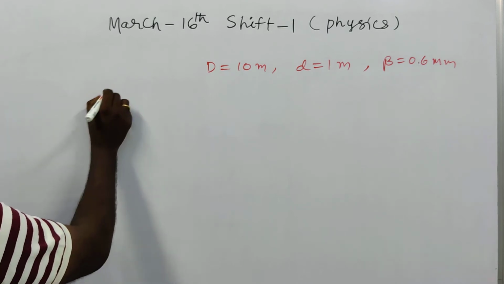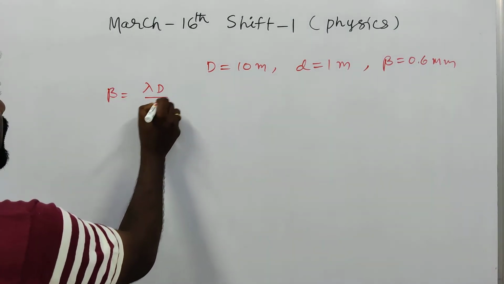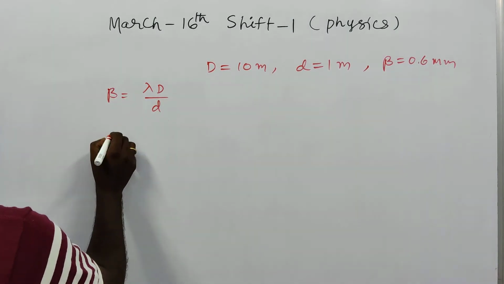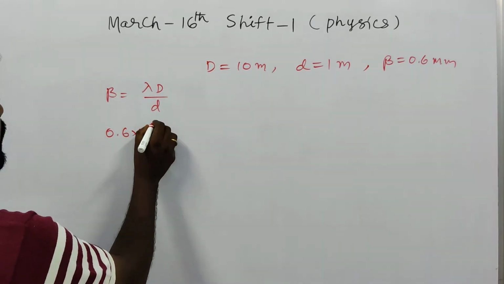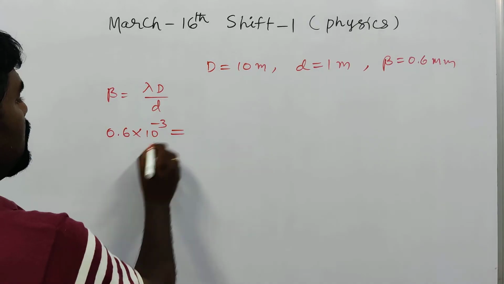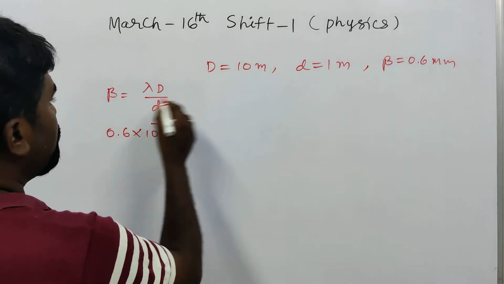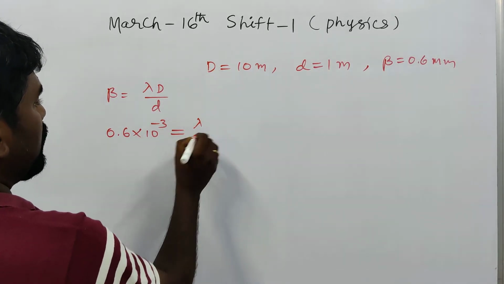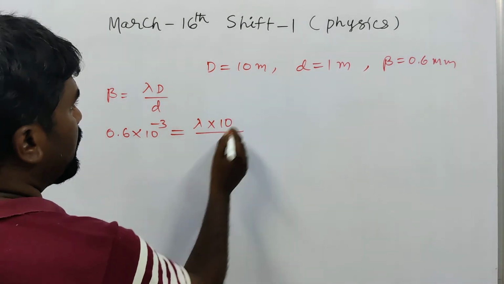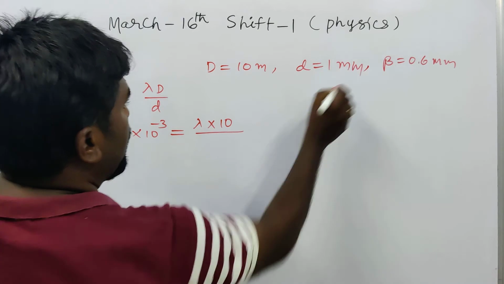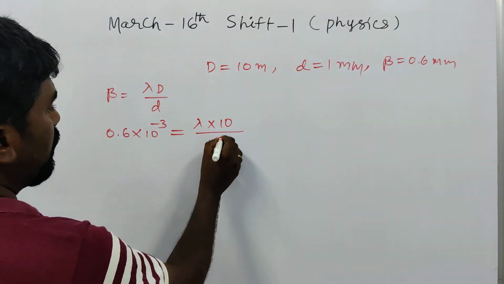So beta is equal to lambda D by small d, where beta is 0.6 into millimeter converted into meter, that is 10 power minus 3. It is equal to lambda, the unknown value, into capital D, 10 meter, by small d, 1 millimeter, here 1 into 10 power minus 3.